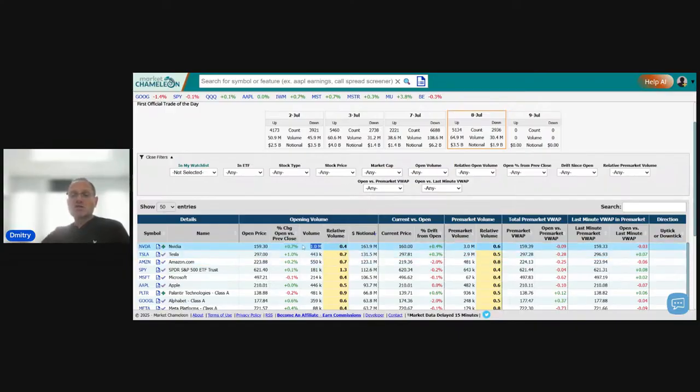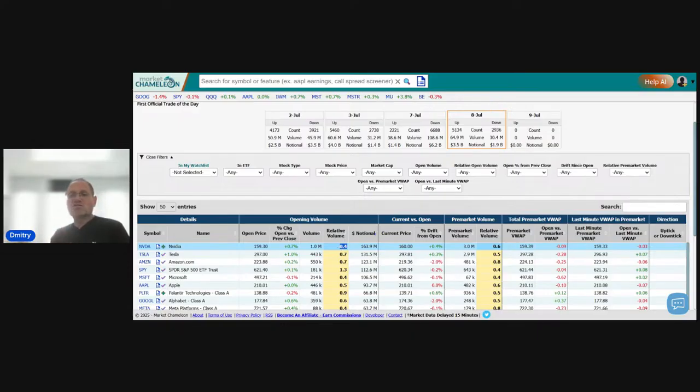There was 1 million shares that traded at the open, at a single price. Is that a lot for NVIDIA? 1 million shares is a lot, but is it a lot for NVIDIA? This tells us the relative opening volume, which is 0.4.